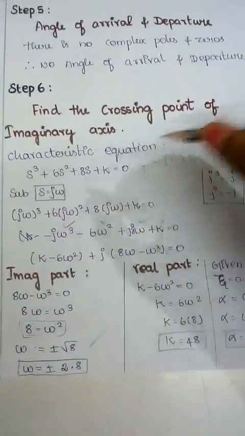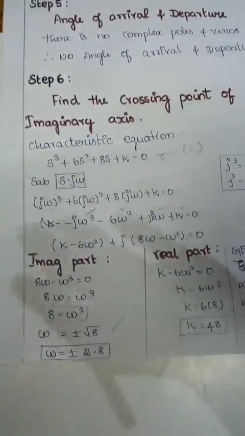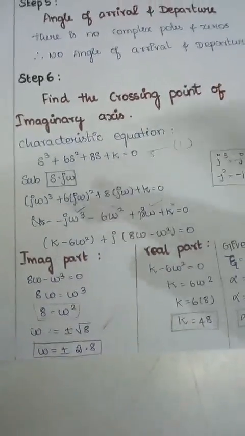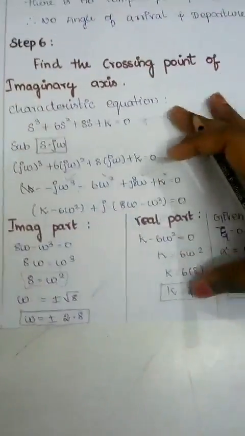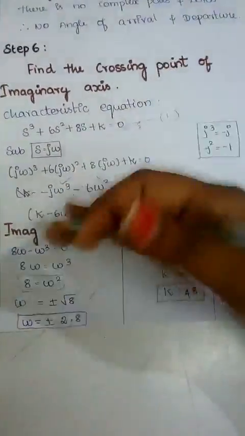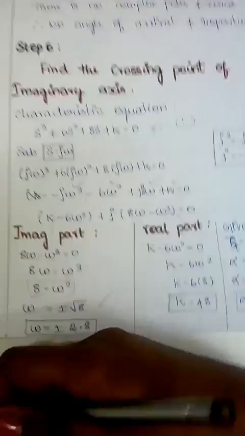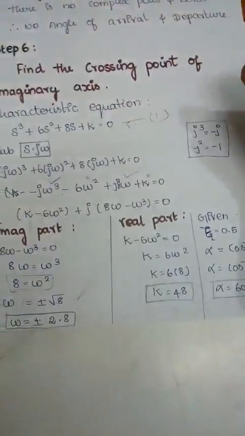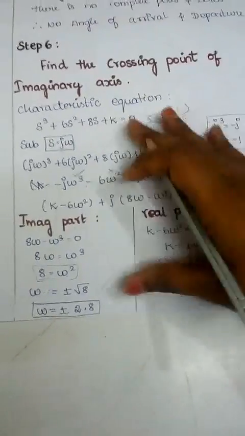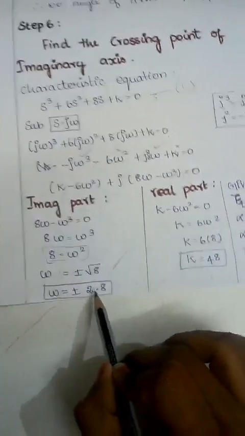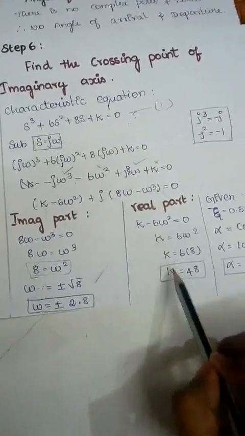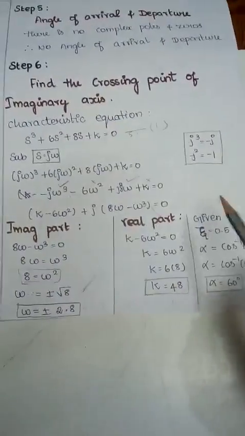In this step, that equation is used. First of all we replace the s with j omega, so we get this equation, and we separately take the imaginary part and the real part. So I'll get omega equal to plus or minus 2.8 and k equal to 48.